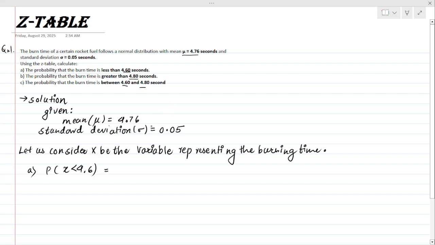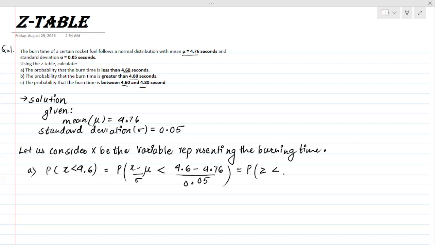In this case, we need to apply this formula: probability of (x minus mu) by sigma is less than... Now we apply the value of x, 4.6, minus the mean, 4.76, and divide by the standard deviation, 0.05, and this quantity is z.